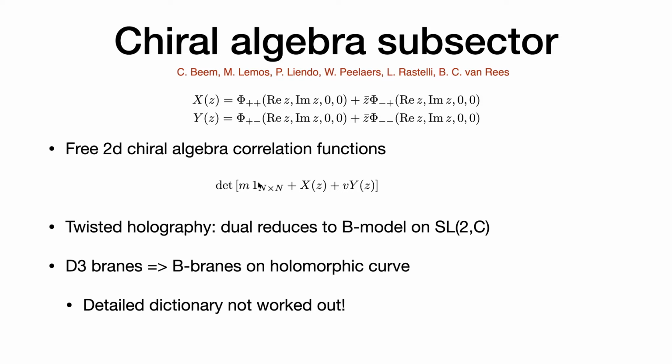Our objective is this subsector, which was studied some time ago in the context of twisted holography. So our claim is that this chiral algebra for N=4 super Yang-Mills is holographically dual to the B model, the topological B model on SL2C.